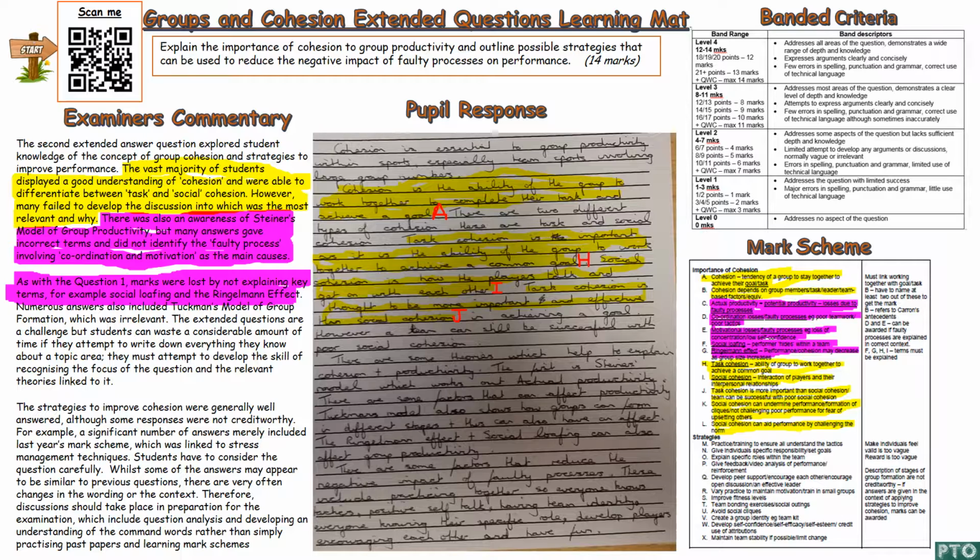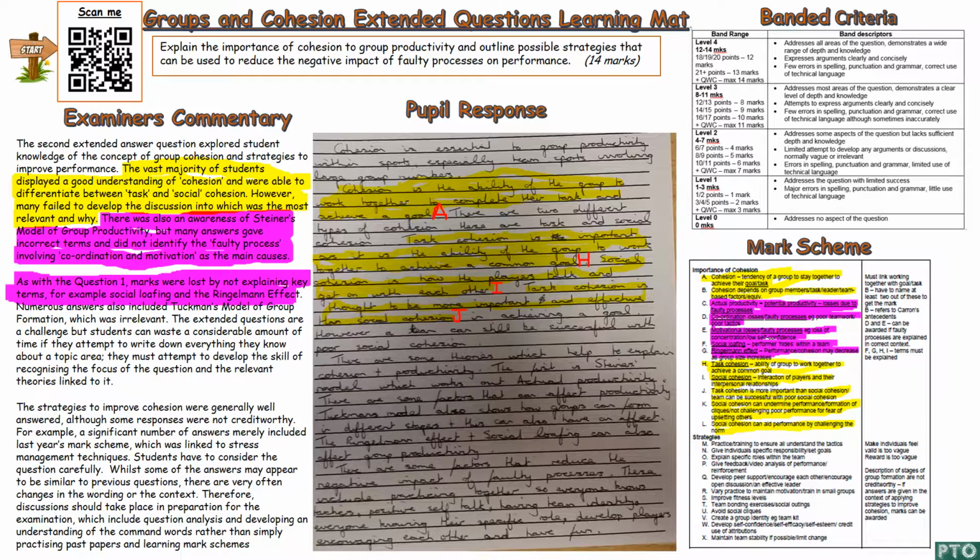Okay, so for me, I don't think this pupil's response was good enough or detailed enough to credit any of that actual content. Within their answer, there is a part which does talk about Steiner's model, but it's very, very vague. It doesn't go on to say what the definition is, which is on the mark scheme: actual productivity equals productivity potential minus losses due to faulty processes.